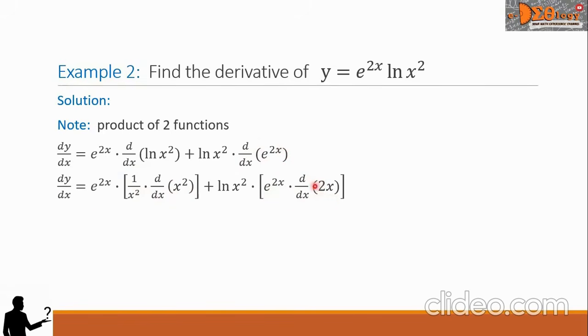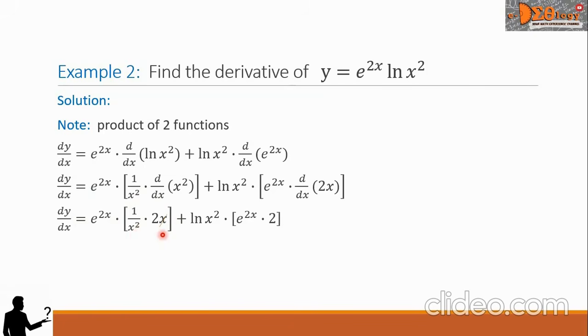We will copy this line in the next step, but we will evaluate the derivatives respectively. So the derivative of x squared will be 2x. The derivative here of 2x is now 2. Now look at this portion of the first group. We can see that x can be cancelled with 1x of the denominator here.